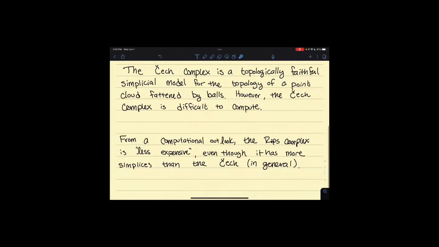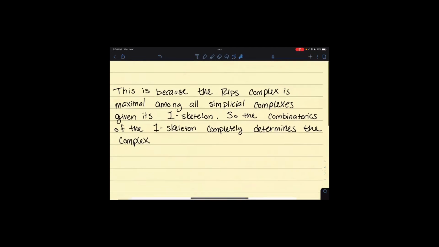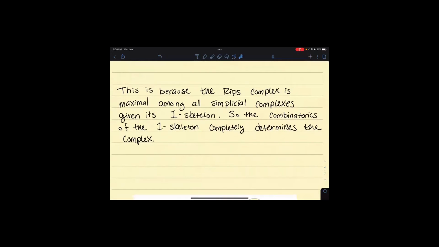But from a computational outlook, the Rips complex is less expensive computationally, even though it has more simplices than the Čech model in general. And this is because the Rips complex is maximal among all of its simplicial complexes, given its one skeleton. So the combinatorics of the one skeleton completely determines the complex that we are given.